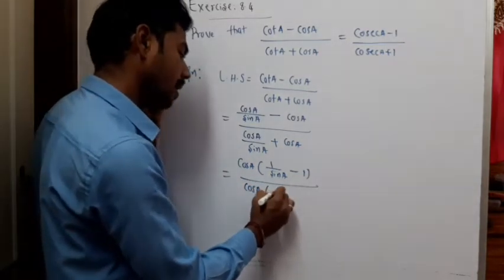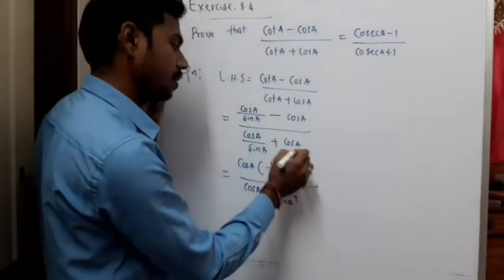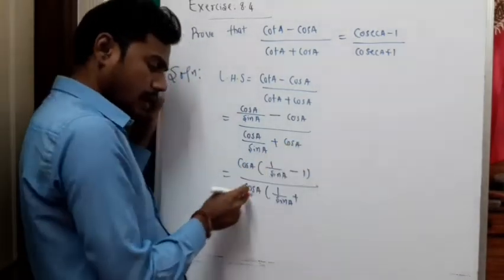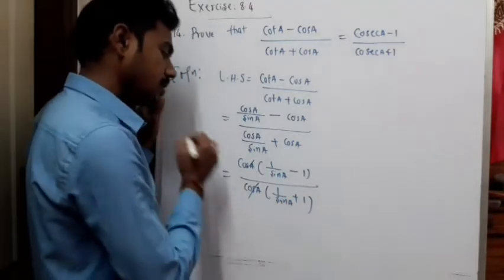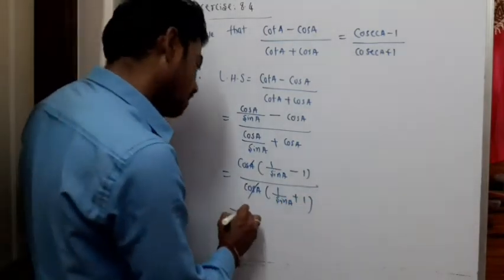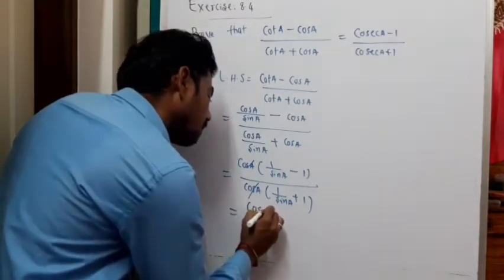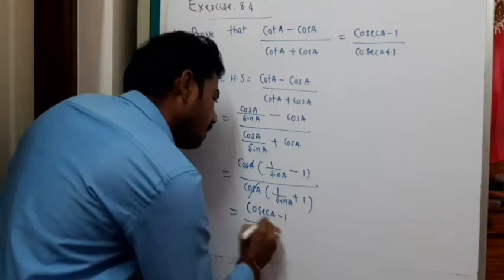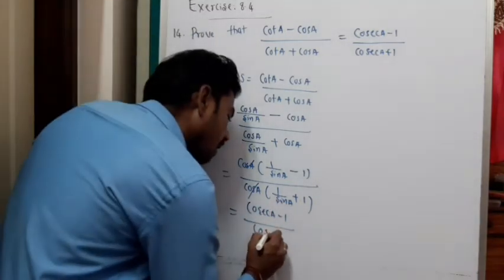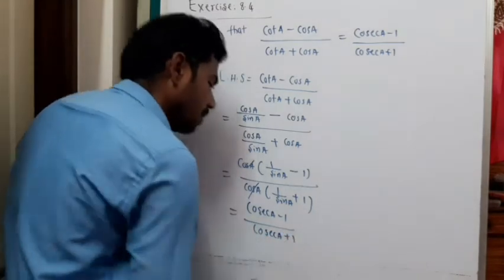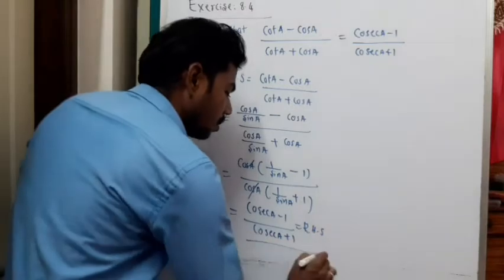So again what am I left with? 1 by sin A plus 1. I have taken cos A out, so here it will be 1. This cos A will get cancelled. 1 by sin A is nothing but cosecant A. So cosecant A minus 1 divided by cosecant A plus 1, which is equal to RHS. So please note this down.